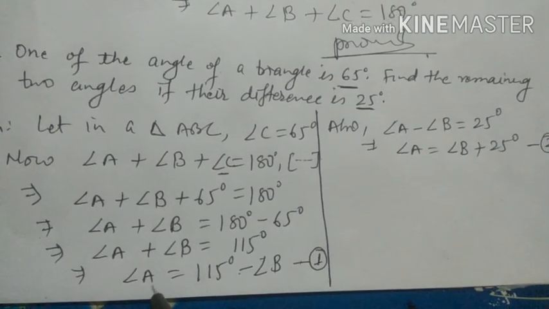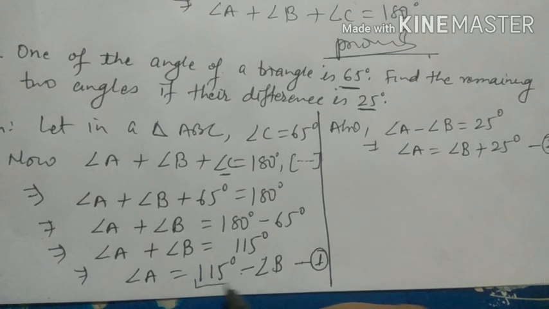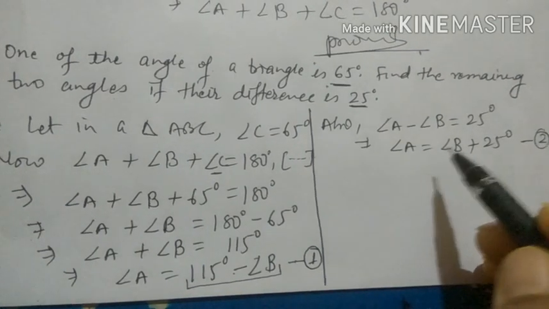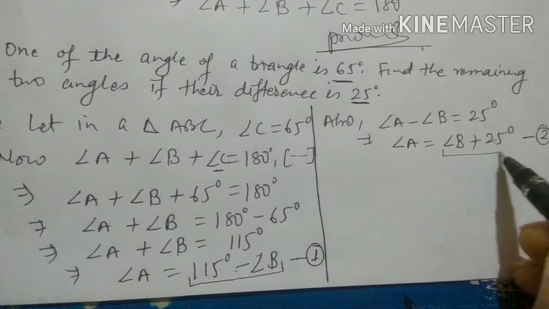Now in equation 1 we see that A equals 115 minus B, and in equation 2 angle A equals B plus 25.